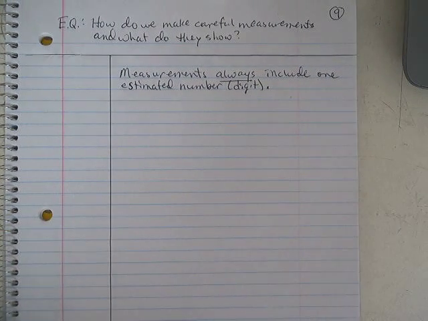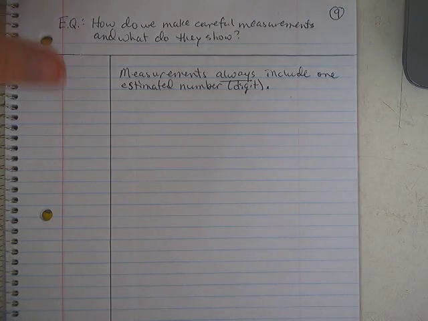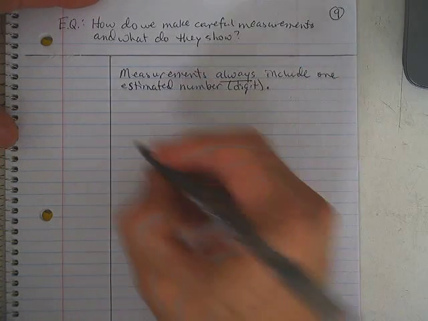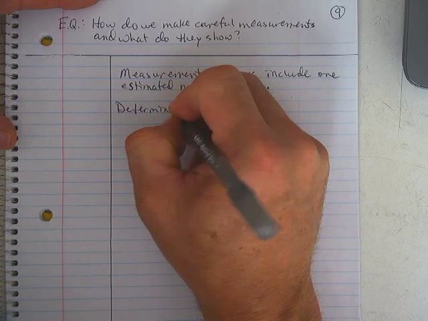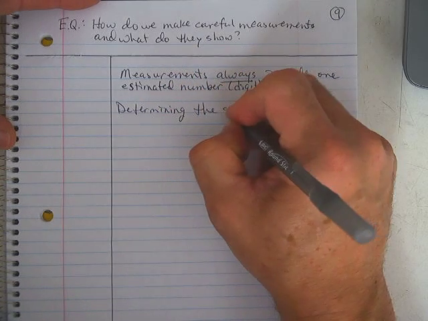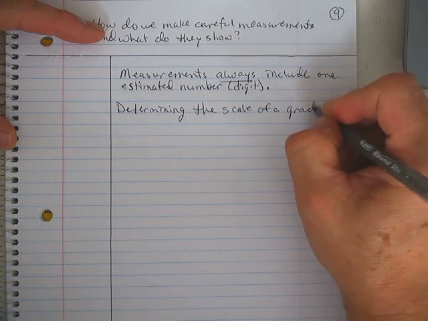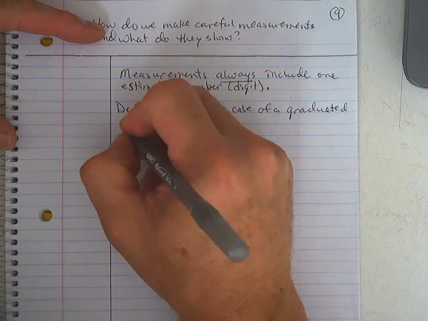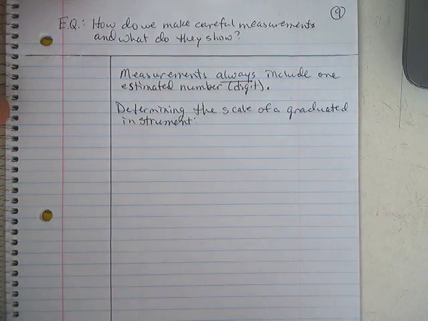Let's see if we can summarize what we've learned so far about measuring and measurement instruments. To begin with, both the graduated cylinders and rulers are called graduated instruments because they have lines. What I want to take a few notes on quickly is determining the scale of a graduated instrument.